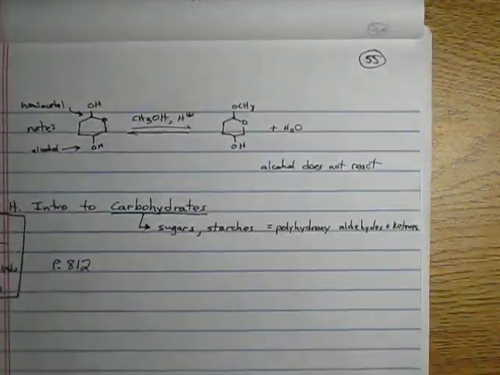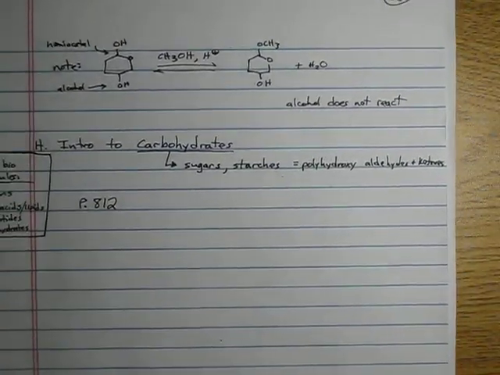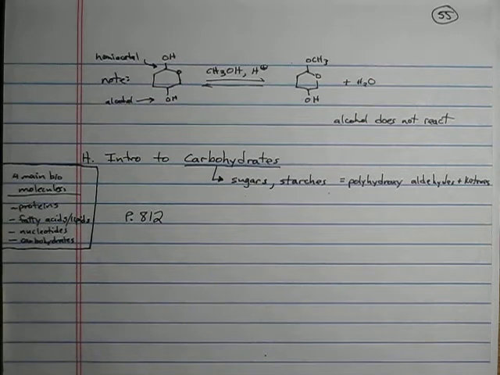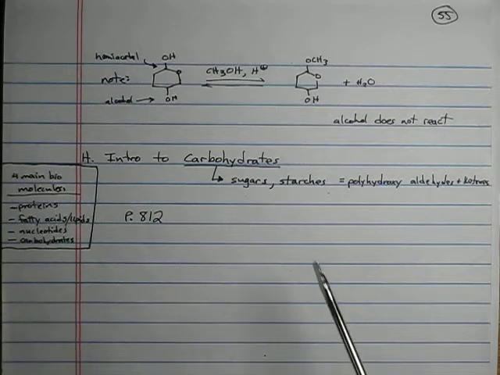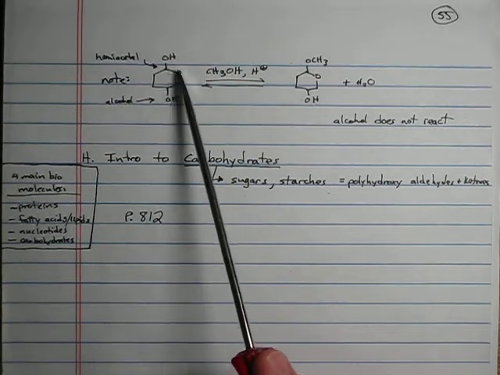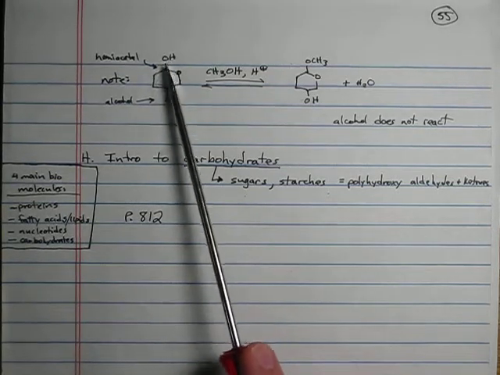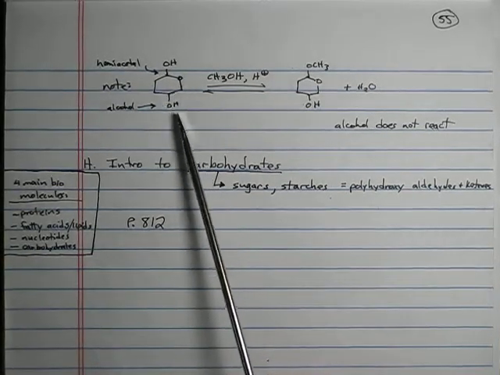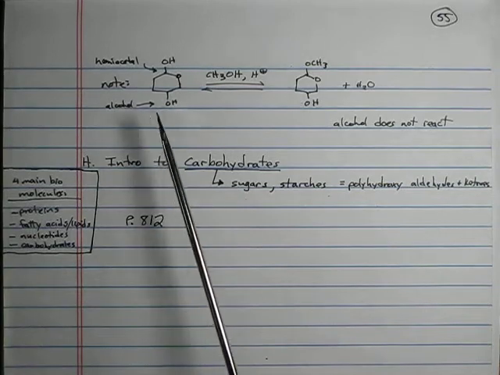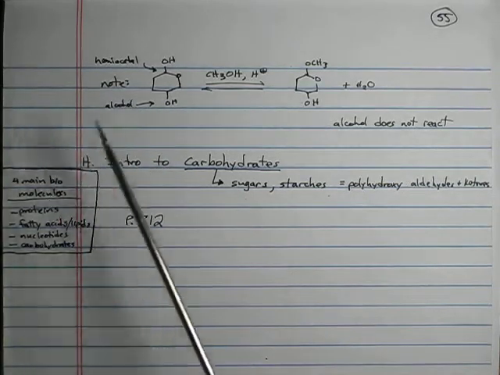Something to note about these reactions. Let's look at this beast right here. Let's look at this lactol. Note we've got our cyclic hemiacetal, carbon here with the OH, OR, but note that we've got another OH down here. Look carefully.